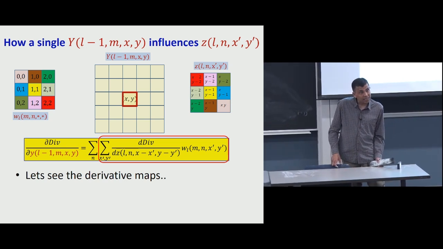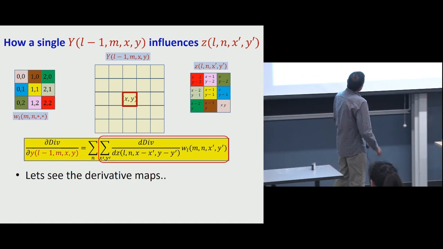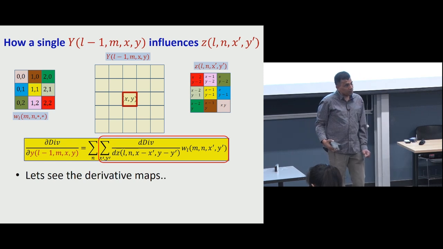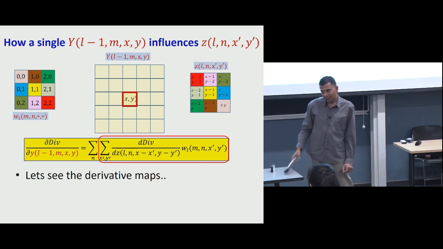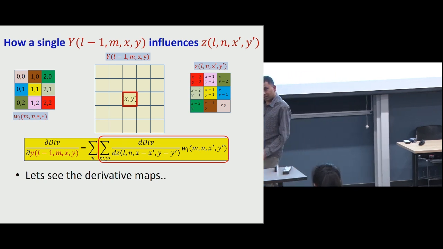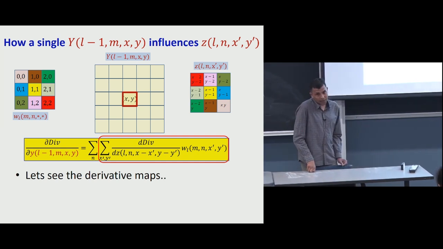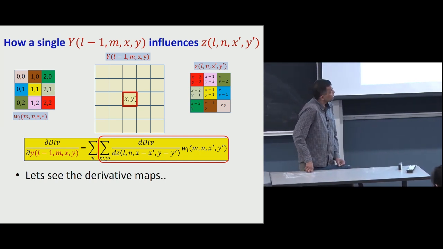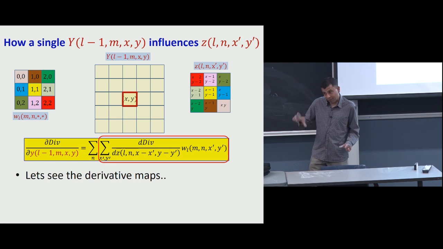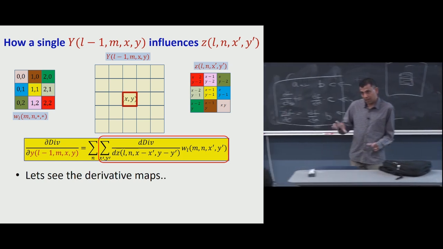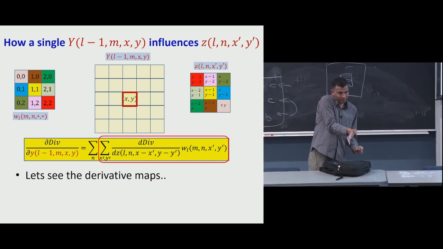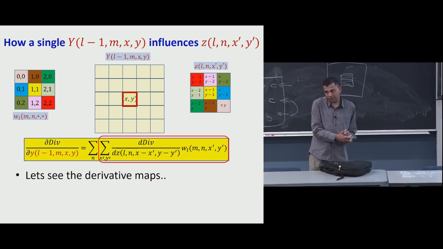The contribution of any z position is going to be the derivative of the divergence with respect to zx minus x prime, y minus y prime times wx prime y prime, right? Which is basically to say the derivative of the top left corner times the red weight plus the derivative of the top second corner times the pink weight plus the derivative of the green third corner times the green weight, and so on. So basically what has happened, I've used the z derivatives map of the z as is, but I flipped the weights bottom to top, left to right, and then computed the inner product.